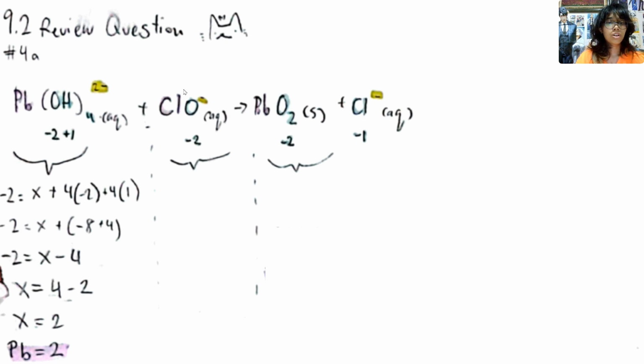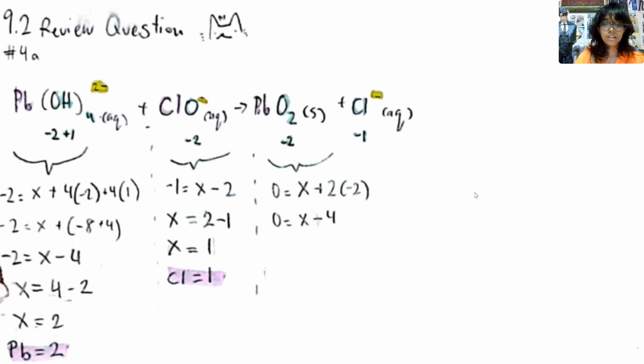We can do this for chlorine. Because this has a charge of -1, we put -1 on the side, X for chlorine, and -2 because we know oxygen's oxidation number, and we get X equals 1, so chlorine's oxidation number is +1. We can do this for this lead as well.